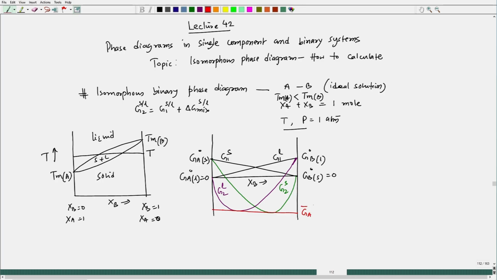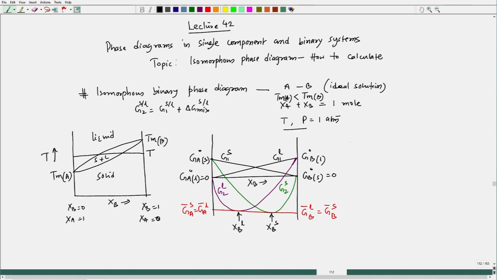This is GB bar liquid equal to GB bar solid, and this side is GA bar solid equal to GA bar liquid. Fine. And this composition is XB liquid, and this is XB solid.